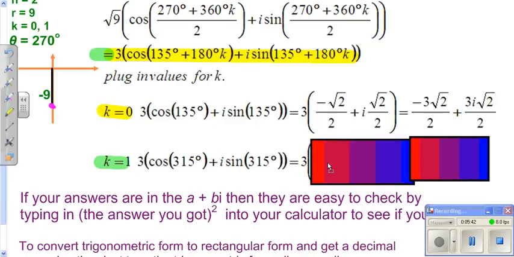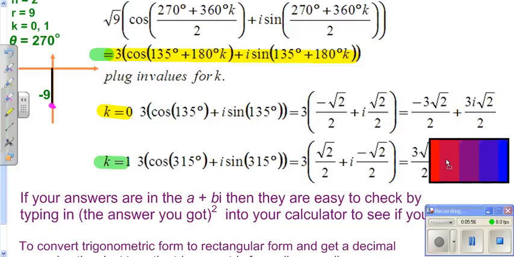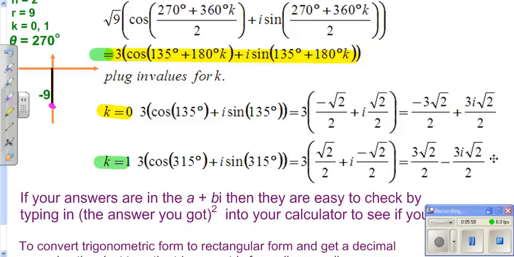So we're going to have our 3 in front, your cosine of 315, and your sine of 315. Well, once again, this is a 3 over 1, so you want to distribute that through. And so what we have over here on the far right are our answers in rectangular form for what we're looking for.